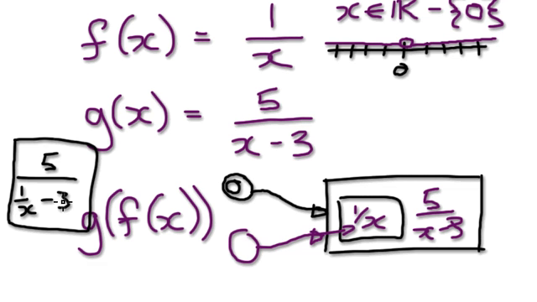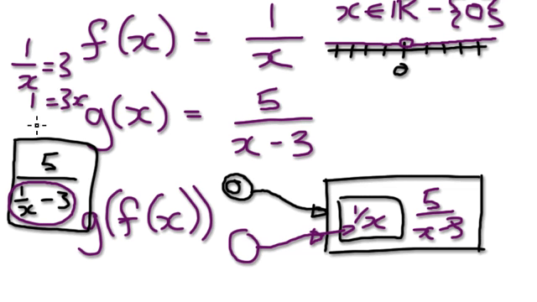Now, looking at this function, the whole function breaks down when the denominator is 0. When is it 0? It's 0 when 1 over x is positive 3. So when does 1 over x equal positive 3? It equals positive 3 when x equals a third.